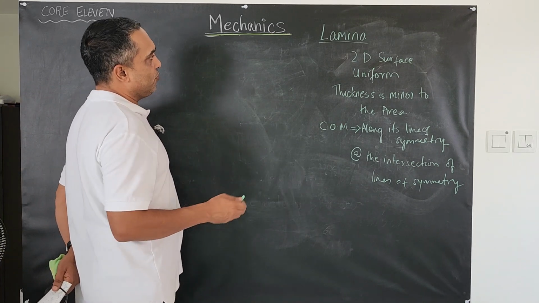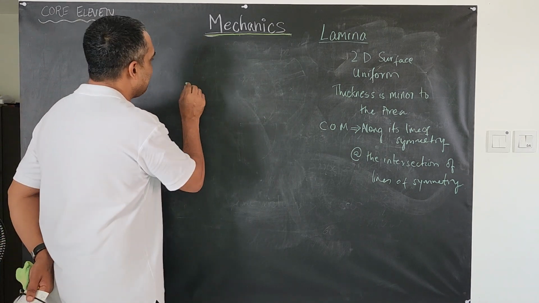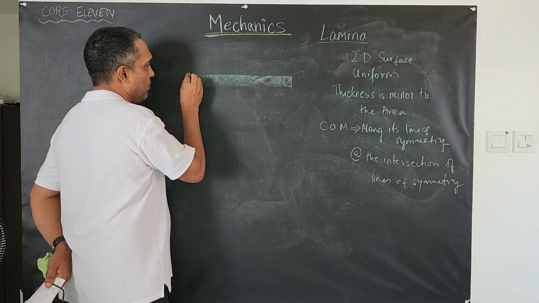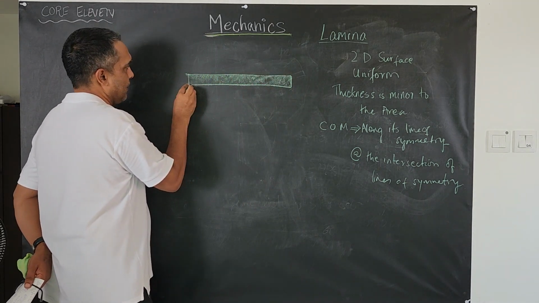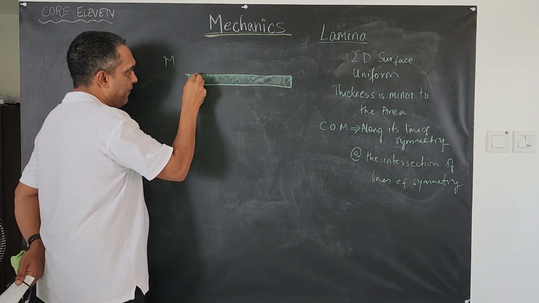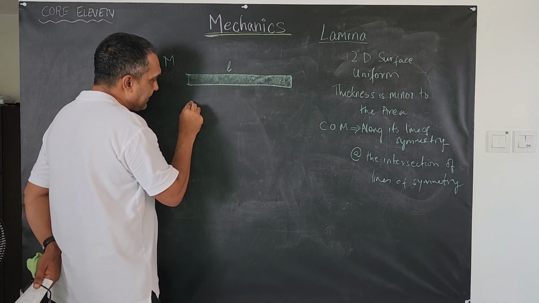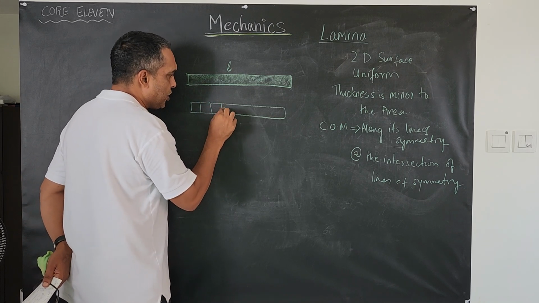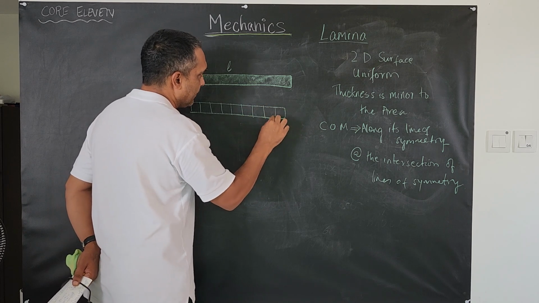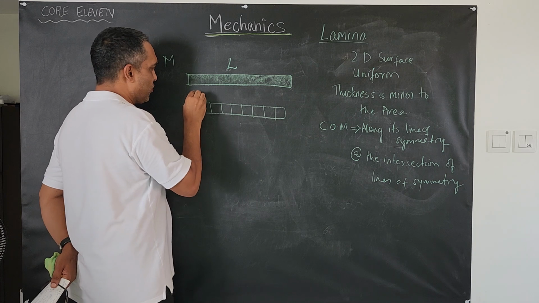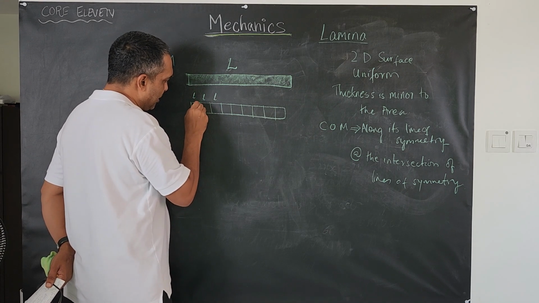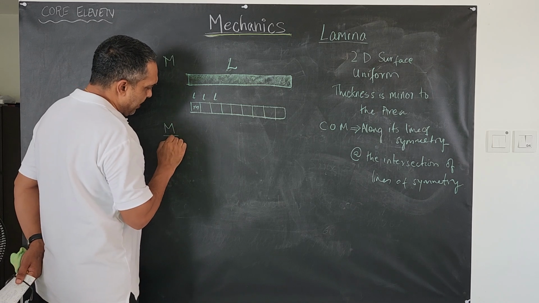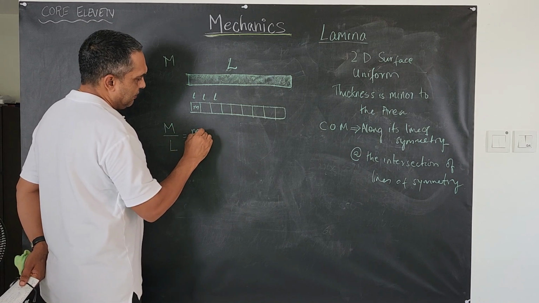Let me just say, if I have a beam like this, and somehow this beam has a net mass of, let's say, uppercase M, and if it's uniform and has a length L, then there is some relationship between L and M. If I segment this into small chunks of length L, and I have small chunks of mass M, I can develop a ratio to say mass by L would be equal to each of these.